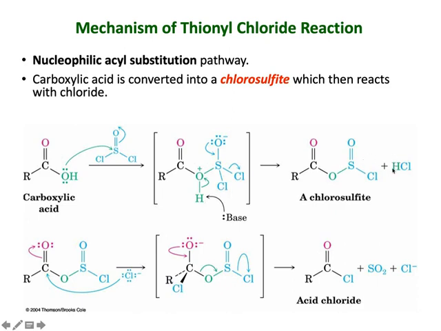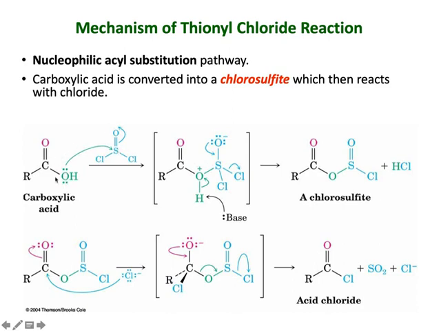as a side product. Once again, the carboxylic acid contains a strong nucleophilic OH. OH attacks the reagent thionyl chloride, because the sulfur is more electrophilic, not the carboxylic acid carbon.